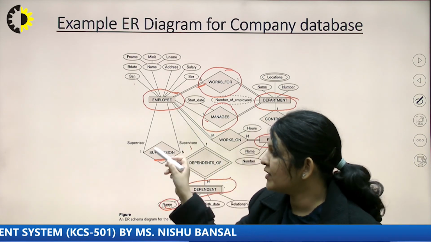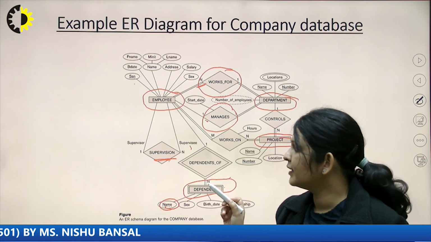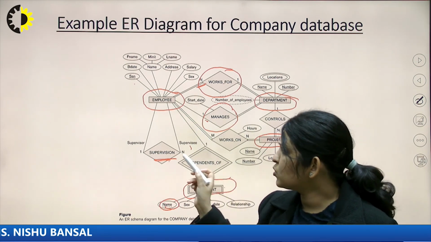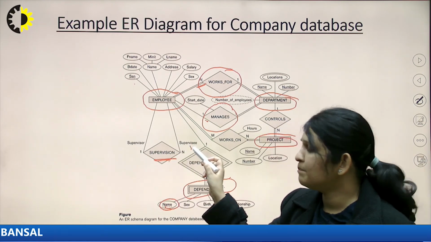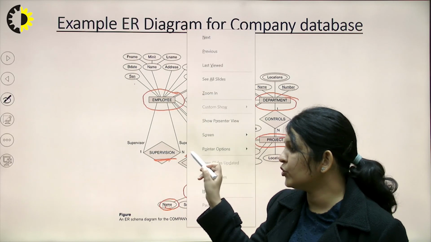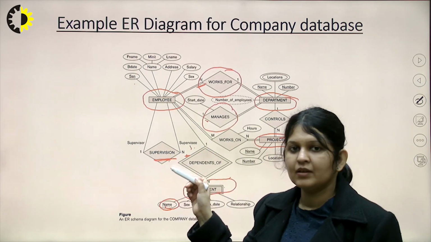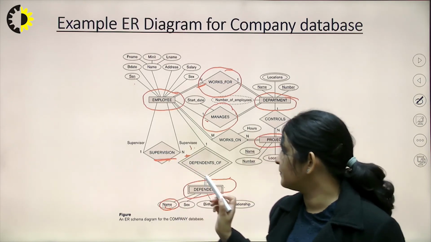Supervisor is shown on one side and supervisee on the other side. A supervisor can supervise many supervisees, so its cardinality is shown here. Similarly, a supervisee can be under only one supervisor.